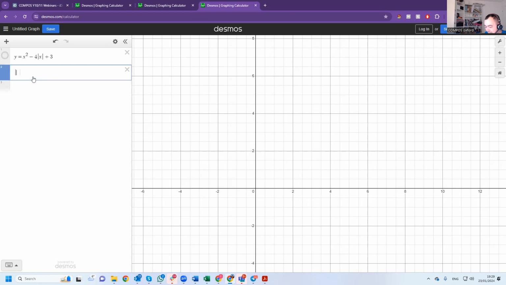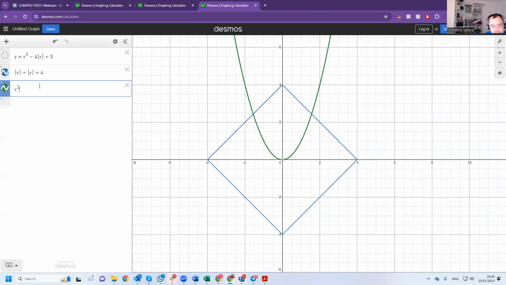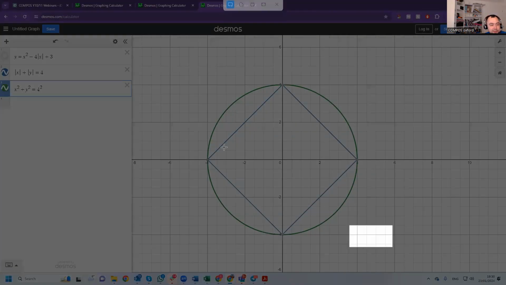So modulus x plus modulus y equals 4. Aha, beautiful. Beautiful graph. And x squared plus y squared equals 4 squared looks like this. Well, what do you know?